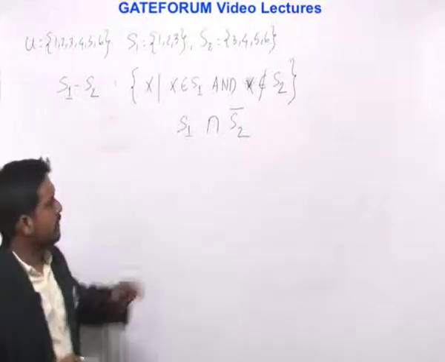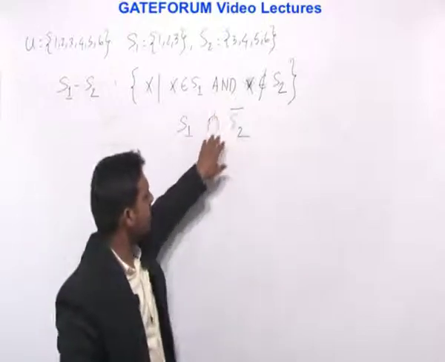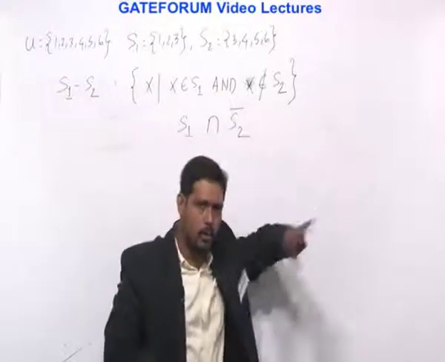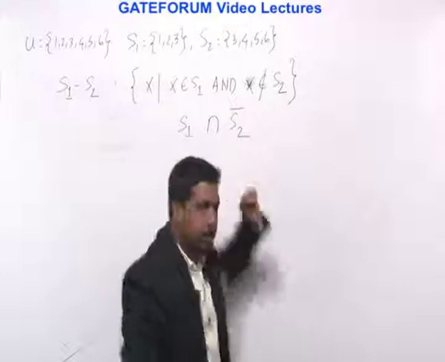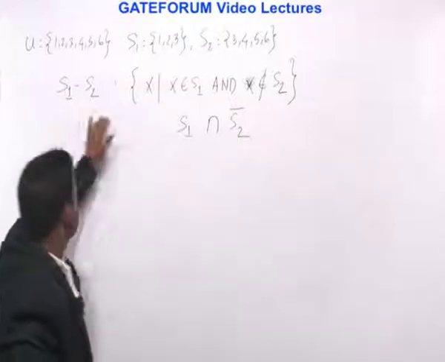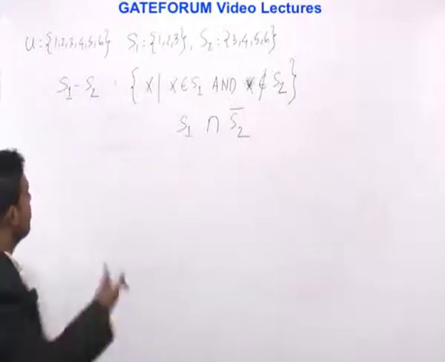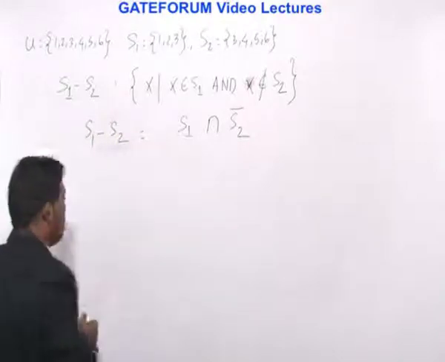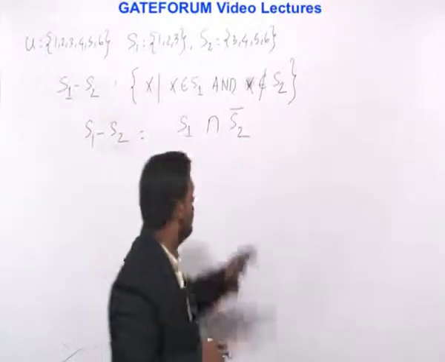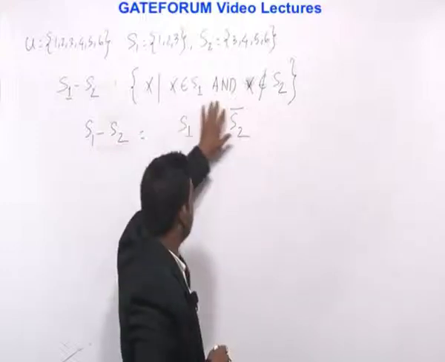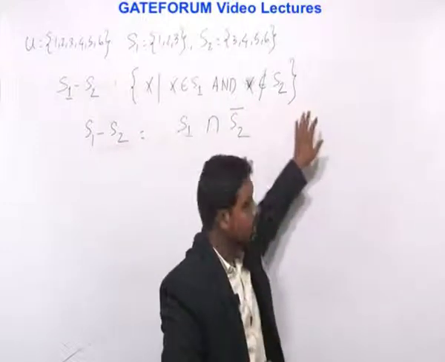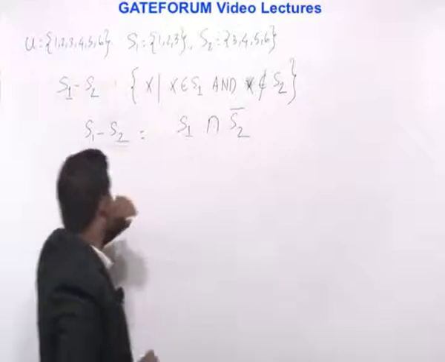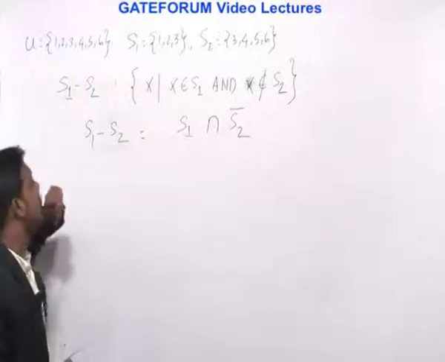'And' is equal to intersection, and the 'not an element' part is nothing but S2 complement. So S1 minus S2 is equal to S1 intersection S2 complement: it is part of S1 and it should not be part of S2.